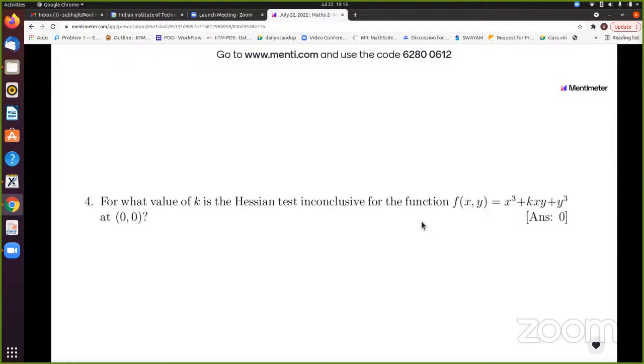The function is x cube plus kxy plus y cube.